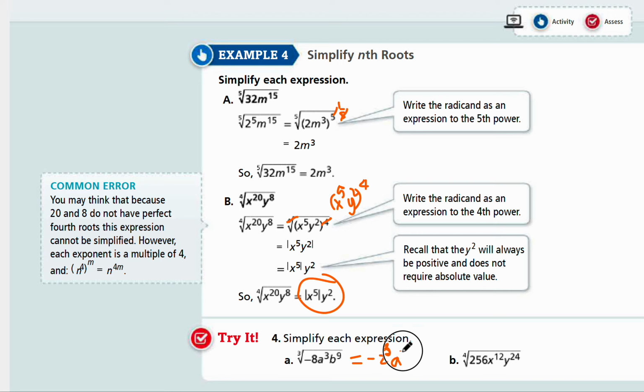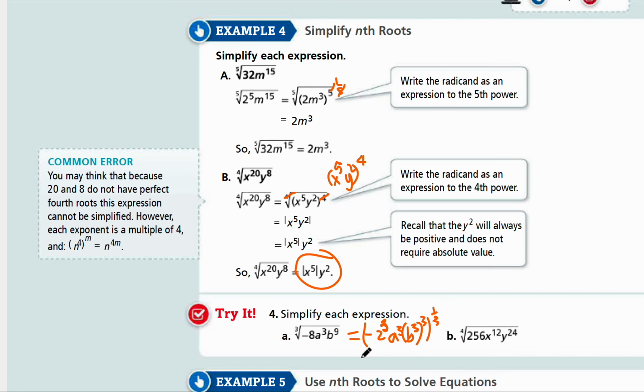And then we have a to the power of 3, b to the power of 9. Or you can write this as b to the power of 3 to the power of 3. And then this is all to the power of 1 over 3. And then you can distribute it out, cancel it out, and then you end up with negative 2ab cubed.